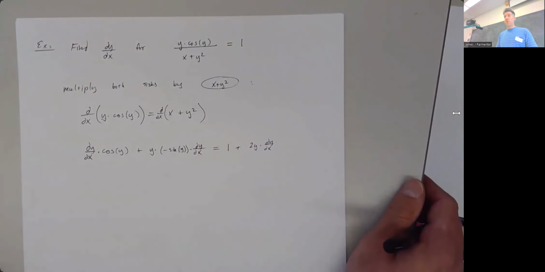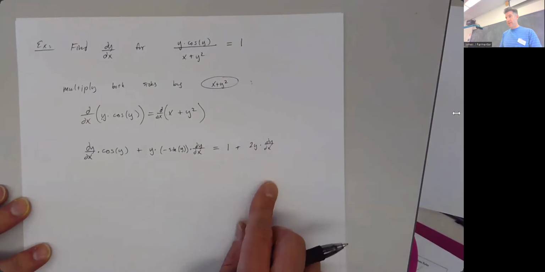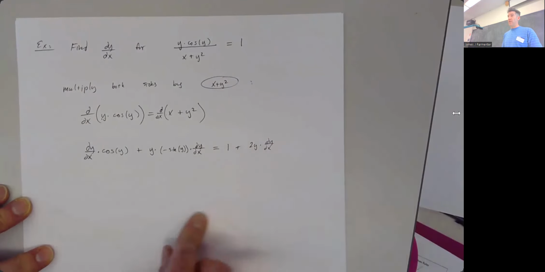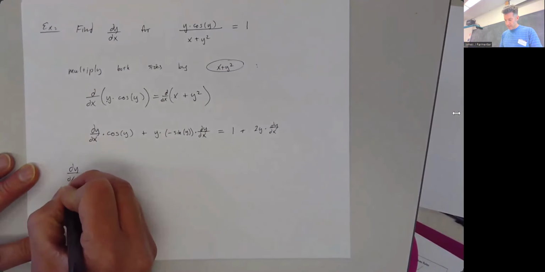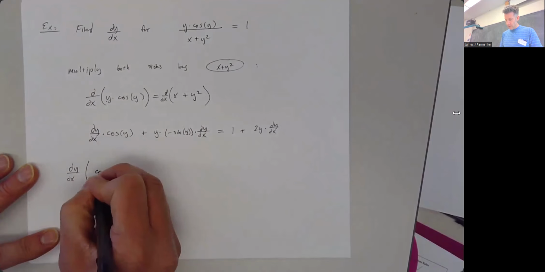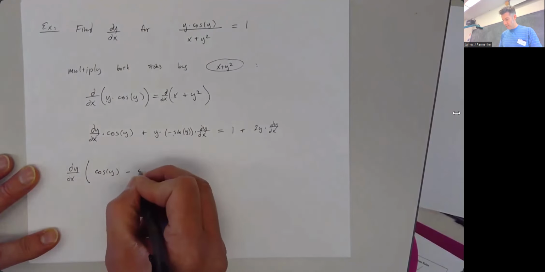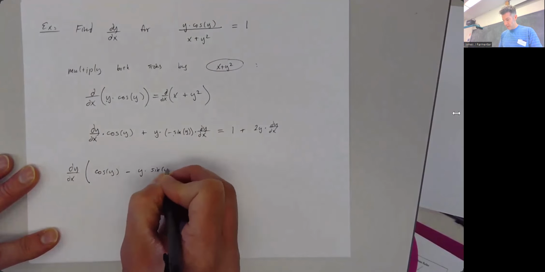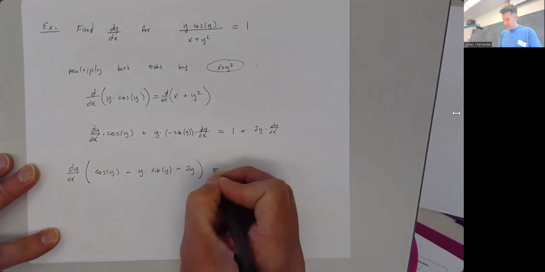Okay, let's try and do two things at once here. We're going to bring the 2y dy/dx over to the left, and we're also going to factor out the dy/dx from everything. So we're going to have dy/dx factored out, times we had the cosine of y there, we have a negative y times sine of y here, and we'll have a negative 2y when we bring that over, equal to 1.